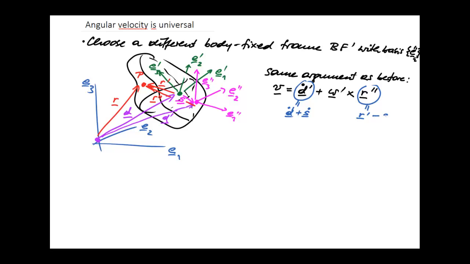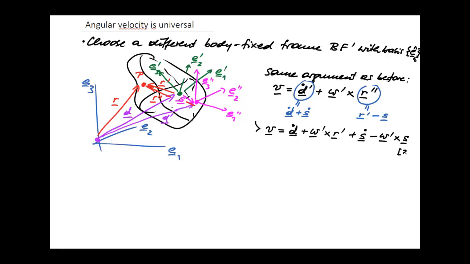minus s. This implies that the formula for the velocity now reads d dot plus omega prime vector product with r prime, and then we have plus s dot minus omega prime vector product with s.